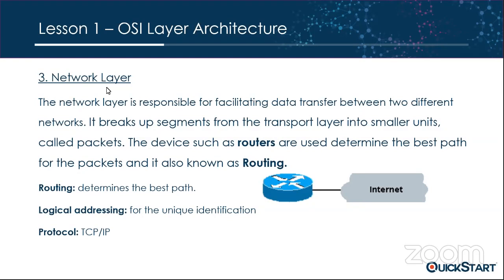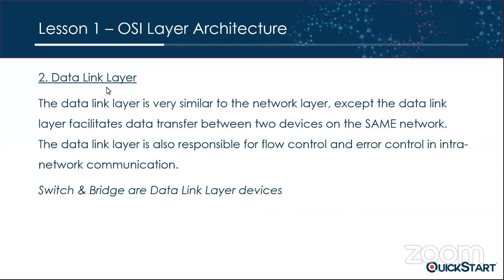All right. After this, we're going to jump onto the next slide, which is the data link layer. The data link layer is very similar to the network layer. Why? Because it also transfers data, but it transfers data within a network, not between networks.